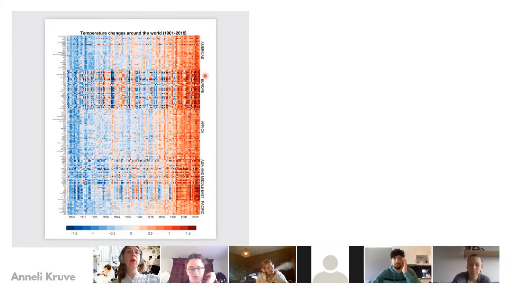Because the countries have been grouped together based on regions, probably one of the aims is to allow us to compare how the temperature change in America compares to Europe, to Africa, to Asia. So this comparison.